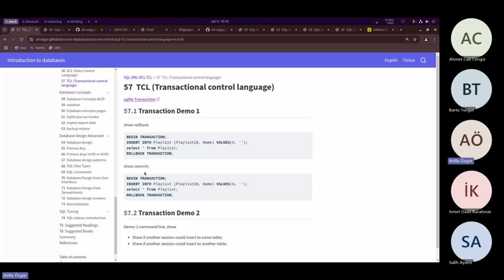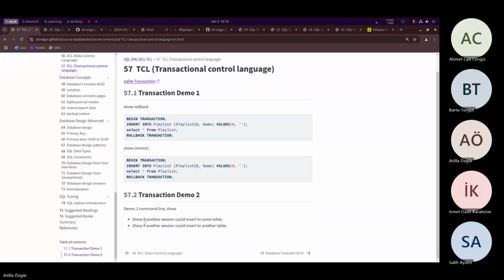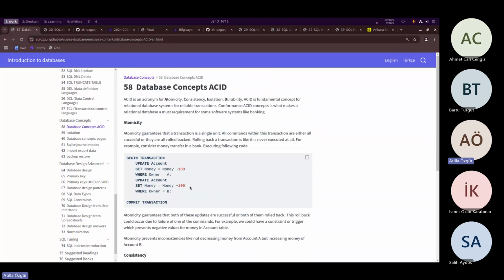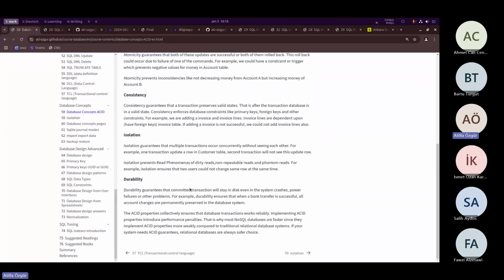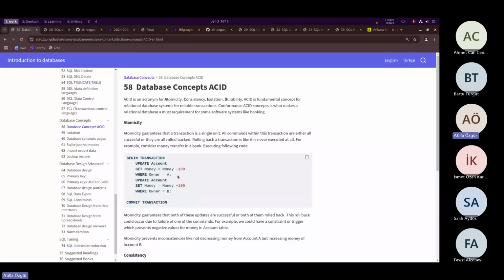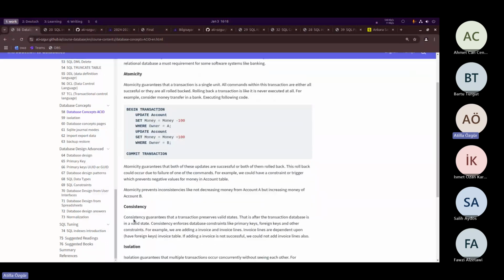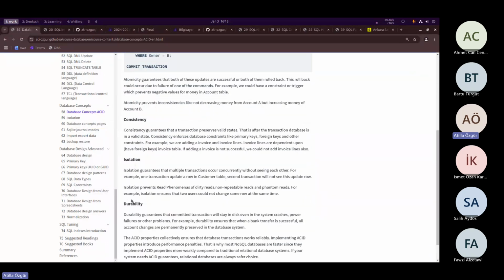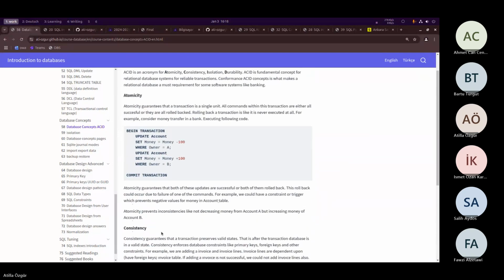If you understand this topic, you should be able to solve this question. We have talked about this topic from the database theory perspective: atomicity, consistency, isolation, and durability. What are they?